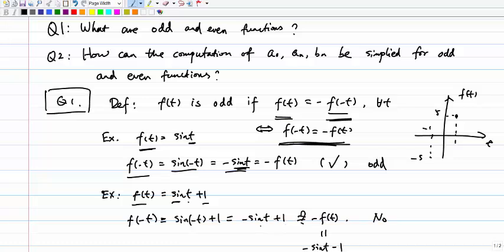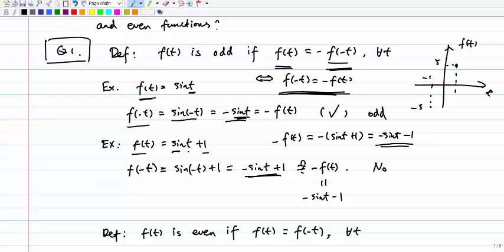If it's an odd function, this has to be equal to negative f(t), which is negative sine t minus 1. But this is not equal to that. Negative f(t) is negative sine t minus 1, but f(negative t) is negative sine t plus 1. So they're not equal, which means this is not an odd function.